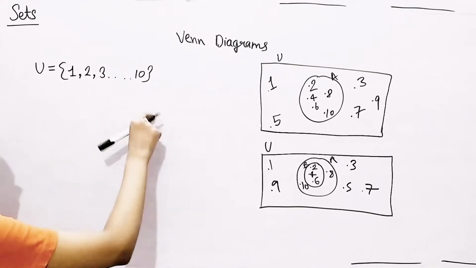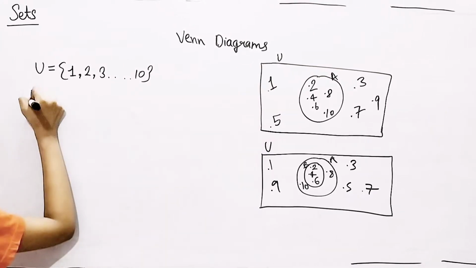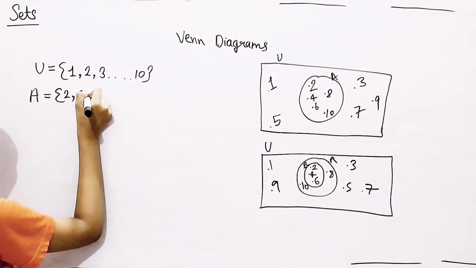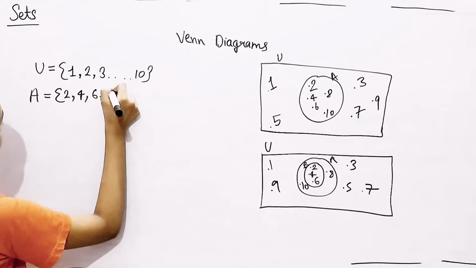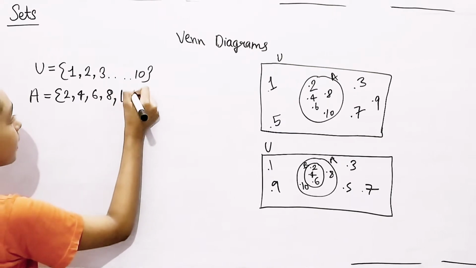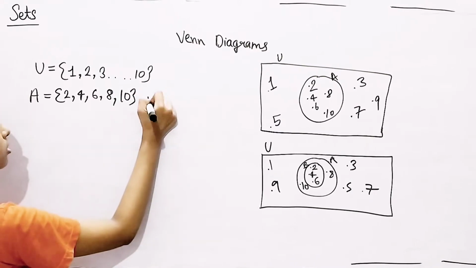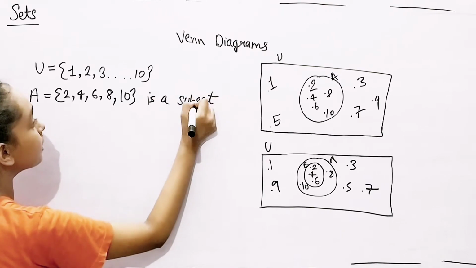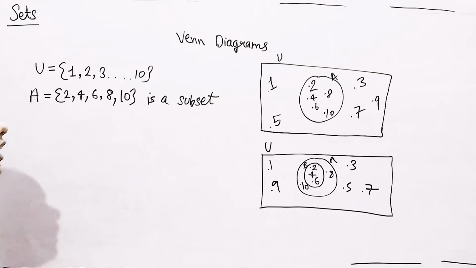In set A we have elements 2, 4, 6, 8, and 10, which means that set A is a subset. Got it?